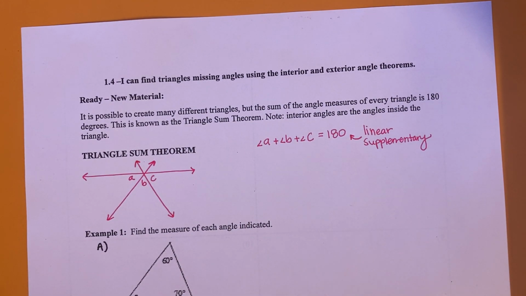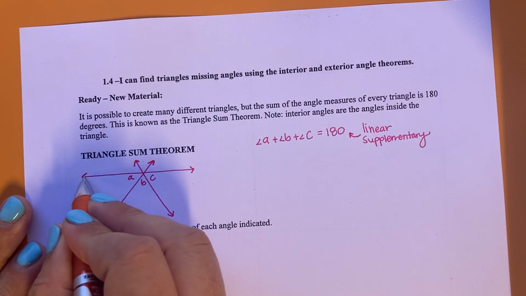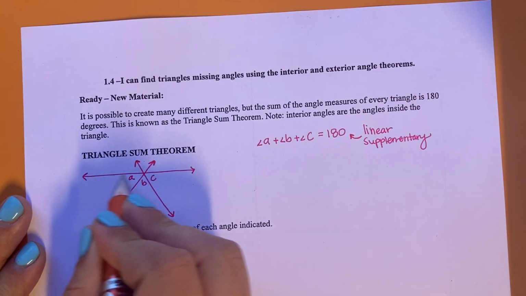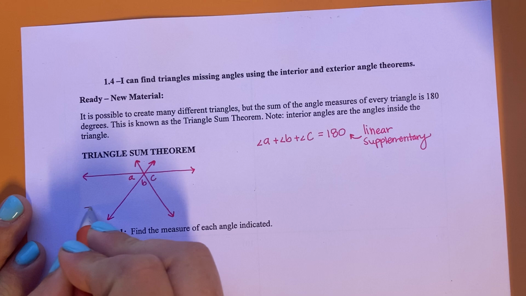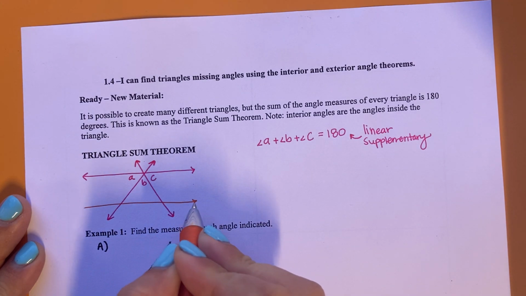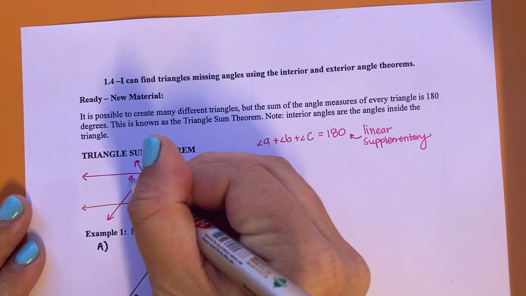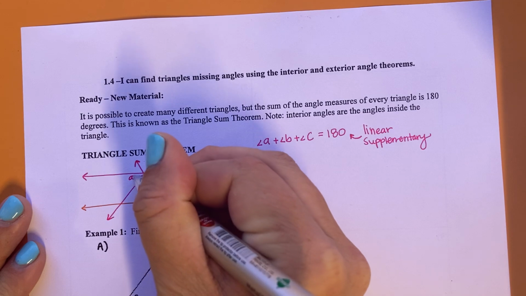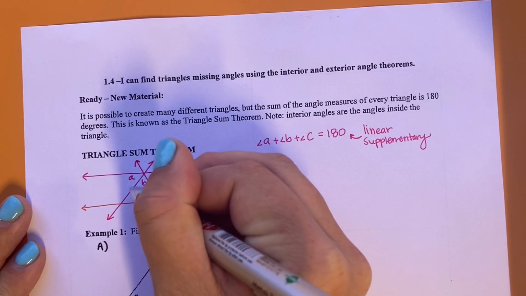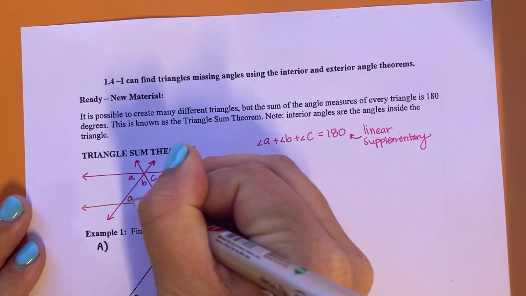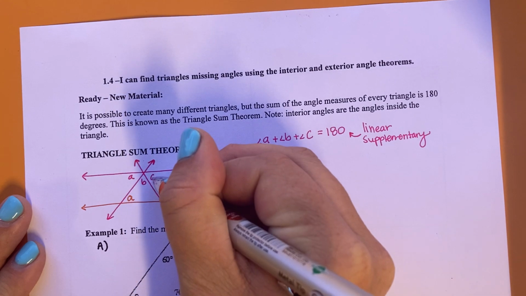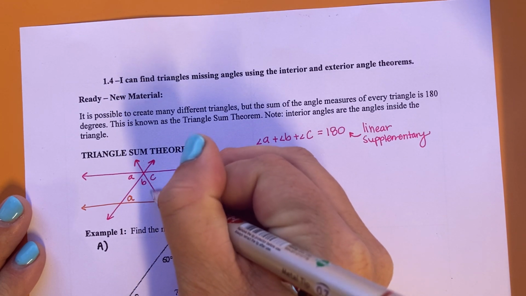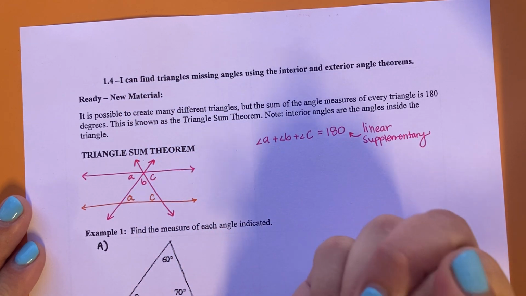Now, if I draw a line parallel to this top line, that means these alternate interior angles will match, and these alternate interior angles will match.